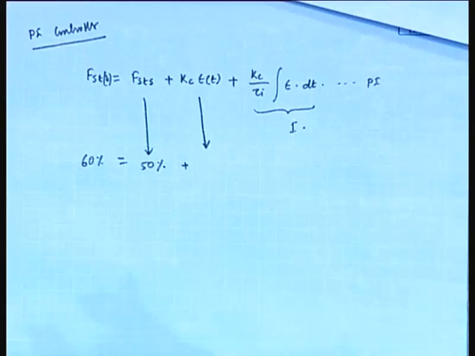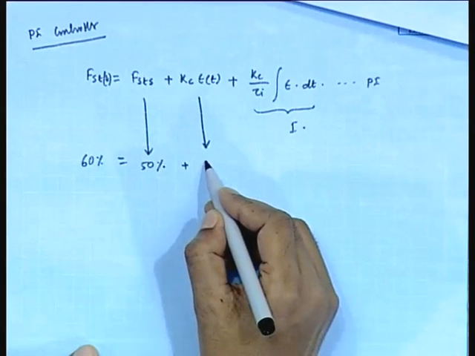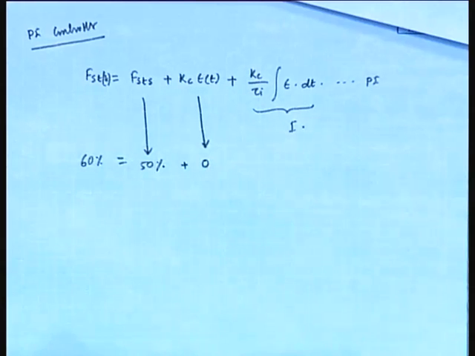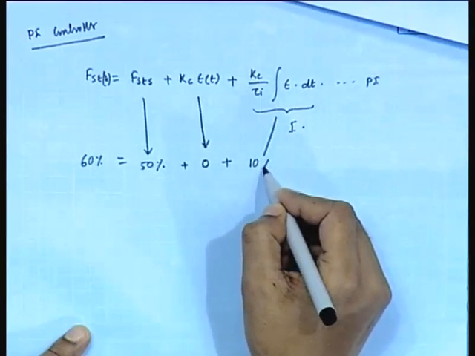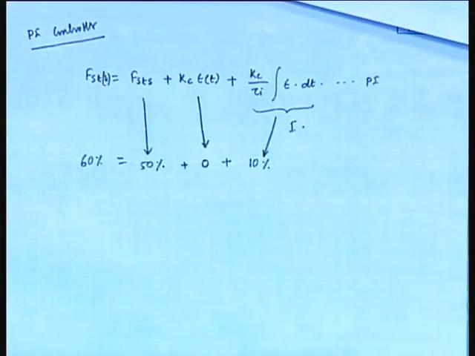PI controller eliminates the offset. If that is the case, then error should be 0. So, Kc epsilon t is 0 and this term is 10%.